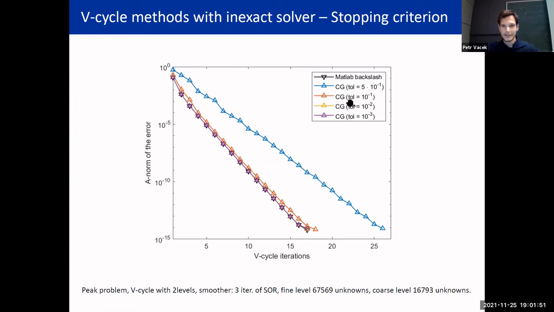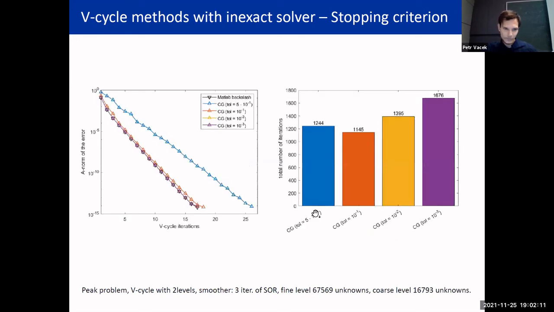And for the second tolerance, 10 to minus 1, the method is slower in the beginning, but then the rate of convergence is nearly the same as for the variants with the second, third, and fourth tolerances and with the MATLAB backslash operator.